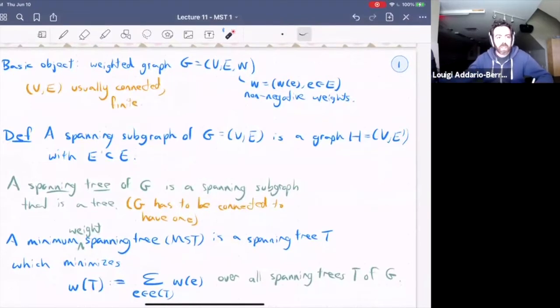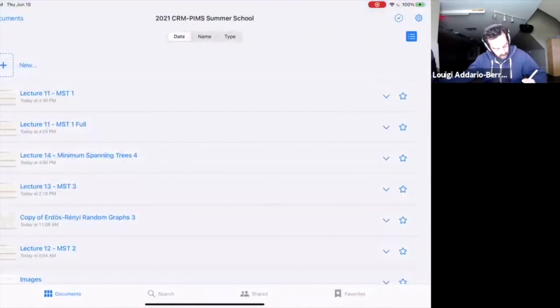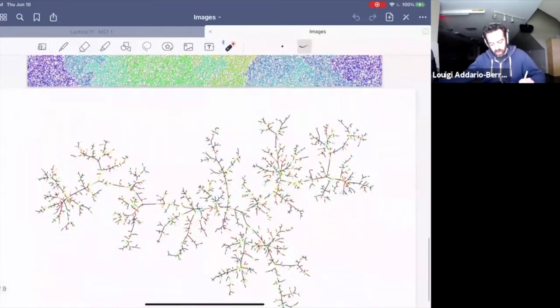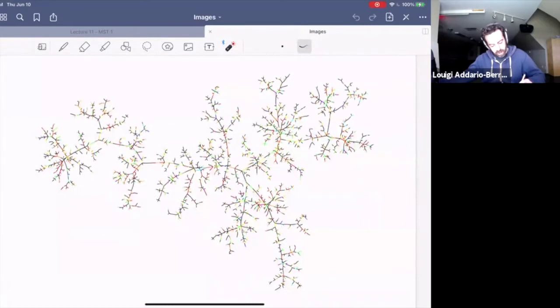I see a question in the chat: is this tree 3-regular? Maybe you can tell me which tree you mean. Do you mean this very colorful tree or the other? Okay, so this tree isn't literally 3-regular, but it does turn out to be true that if you only look at the macroscopic branch points, then you only see trifurcations and not branchings of higher degree.